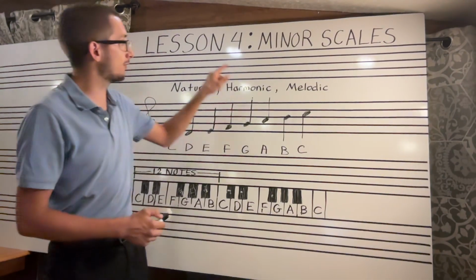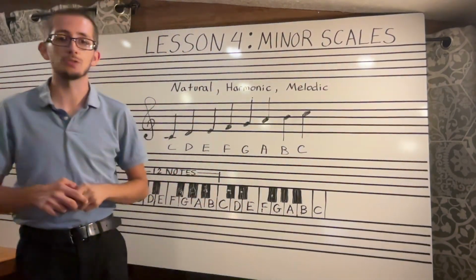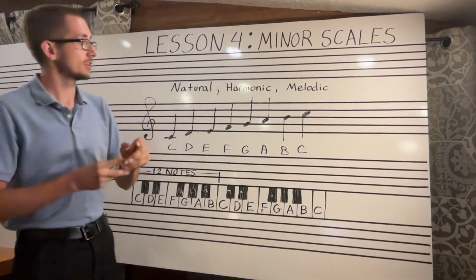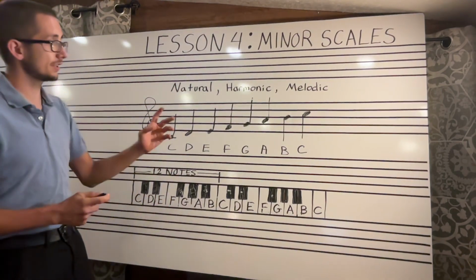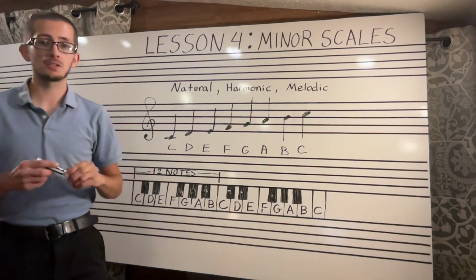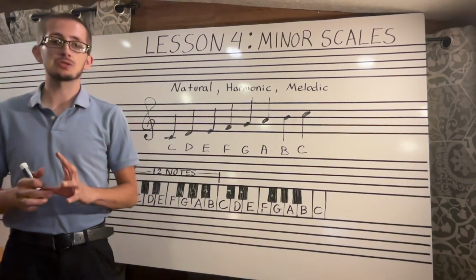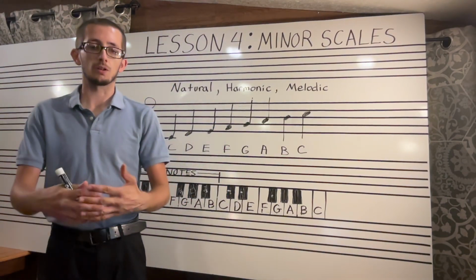This is lesson number 4 in music theory, and in this lesson we're going to be covering minor scales. Now in the past lesson we covered major scales. This lesson we're going to be covering minor scales. Scales are important because we are going to use scales in the next videos to construct chords.